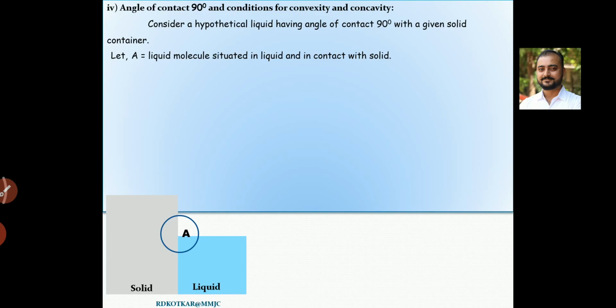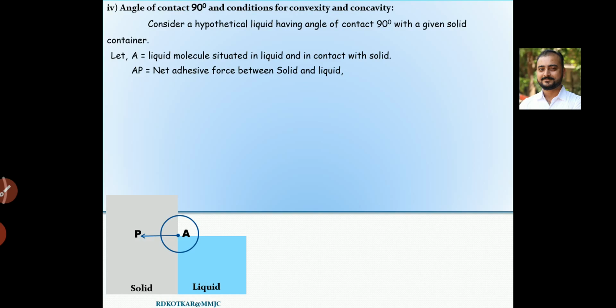Okay, the sphere of influence is nothing but what? The imaginary sphere drawn with molecule A at its center and radius equal to the range of molecular force. Okay, then we consider, similar to the previous one again, AP be the net adhesive force. It is the adhesive force between the different molecules, say solid and liquid, which is shown here by this arrow or vector AP.